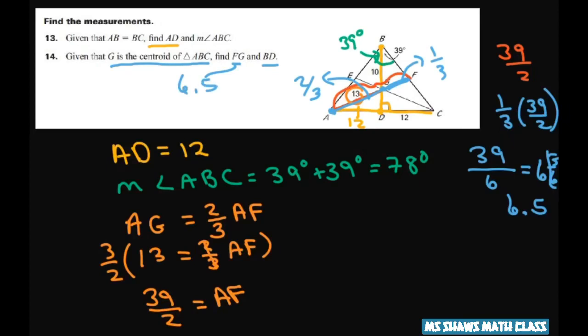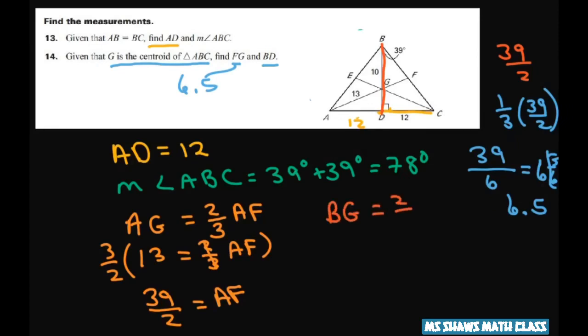And now let's find BD, the total length. Here, let me just erase all this. All right. So to find BD, we know that BG is 2/3 of BD. So BG is 10, which equals 2/3 of BD.